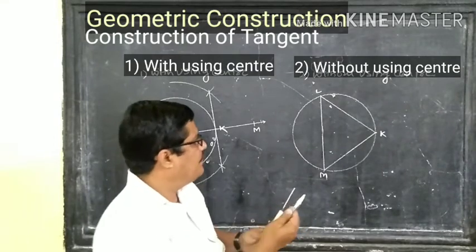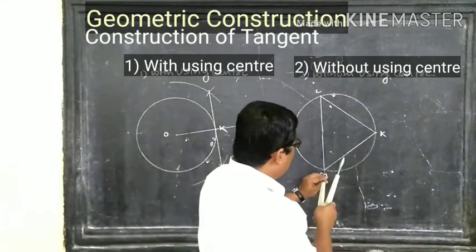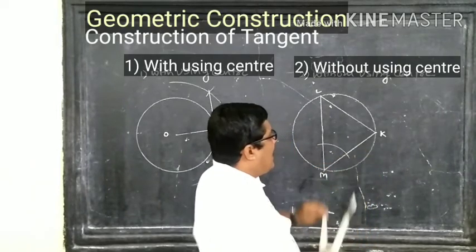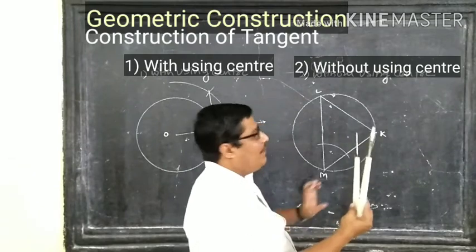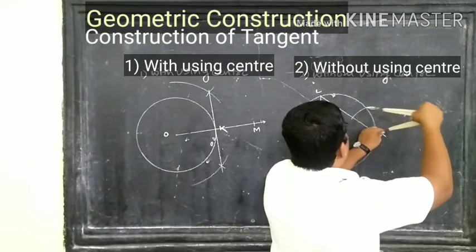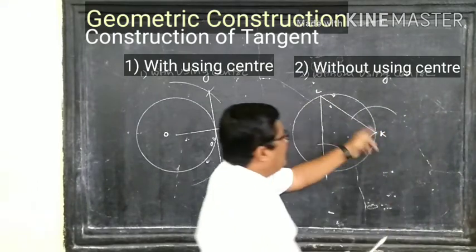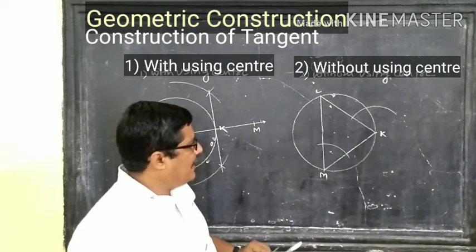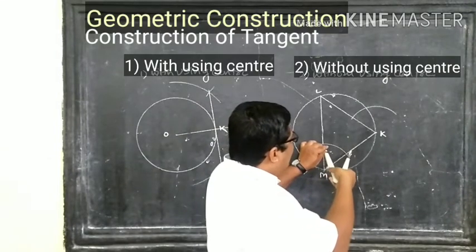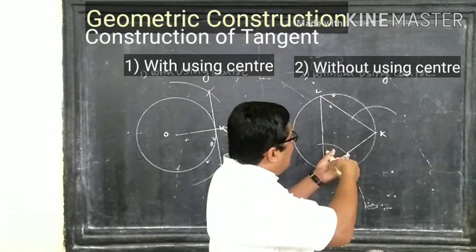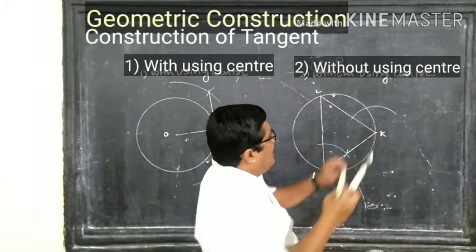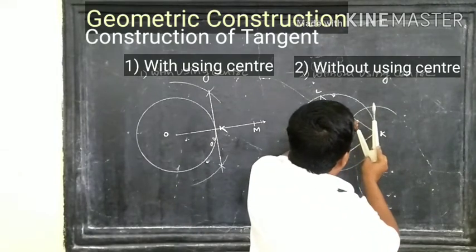For that, here we have to take some radius and draw an arc in this way. With the same radius, we have to draw an arc intersecting segment KL. Now after that, taking one point as center, we have to intersect the other point in this way, and the same step we have to follow here.